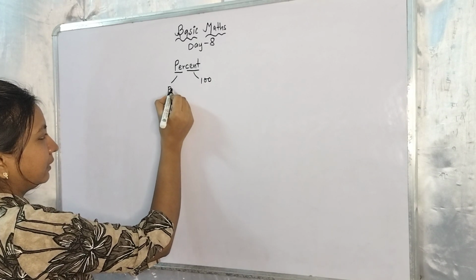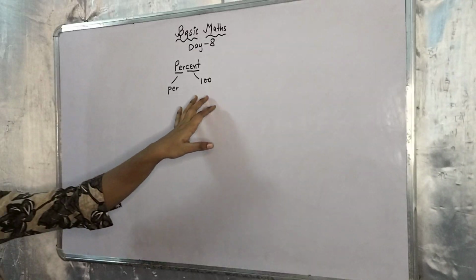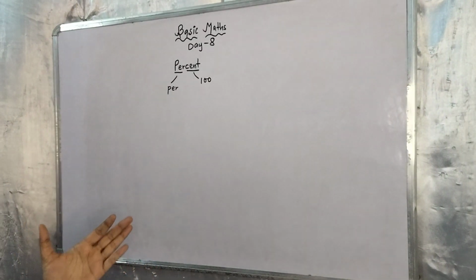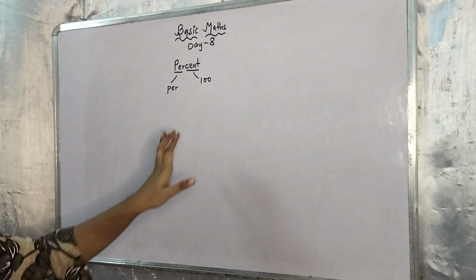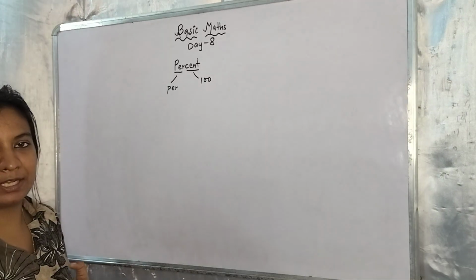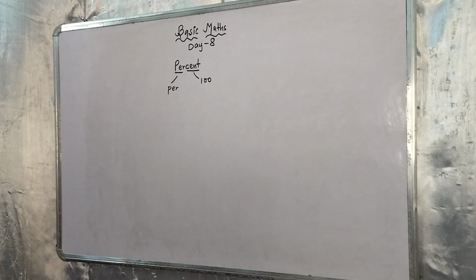So we will convert everything into 100. Everything we do in percentage will be related to 100. Either we will multiply by 100 or divide by 100, but everything will be revolving around 100.